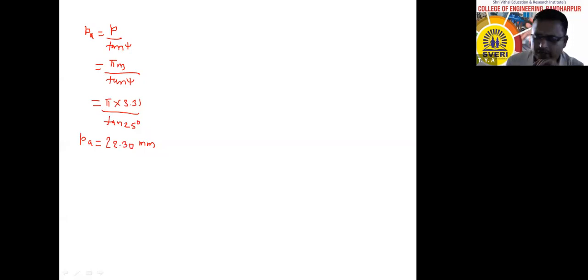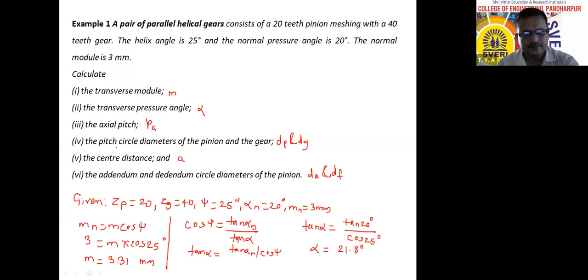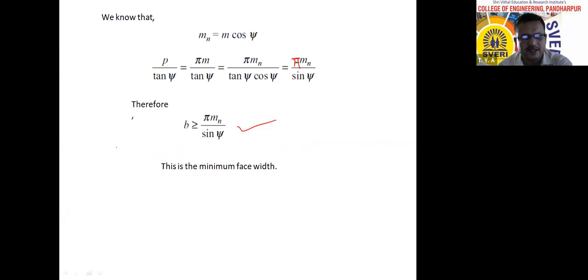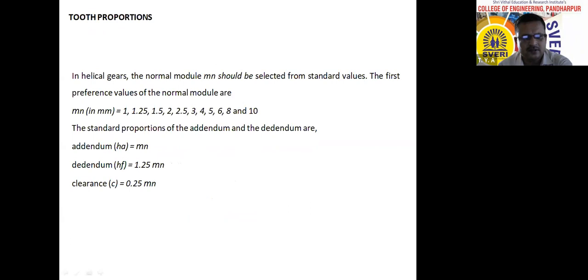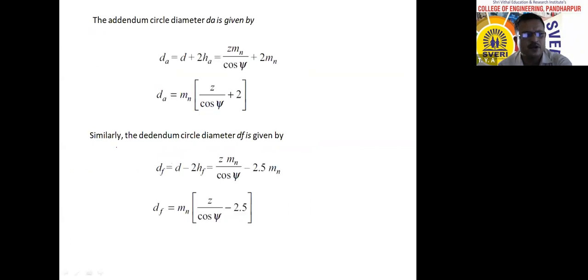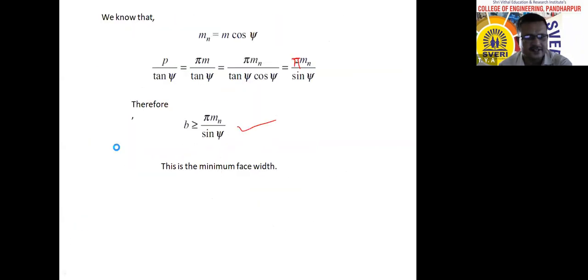आता पुढची कुठली व्हॅल्यू काढायची सांगायला? डीपी अँड डीजी. काय पिच सर्कल डायमीटरचा फॉर्म्युला? ZMN upon cos psi. Therefore, you write down here dp is equal to... This per gear.